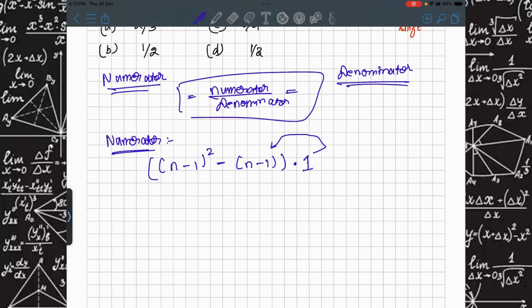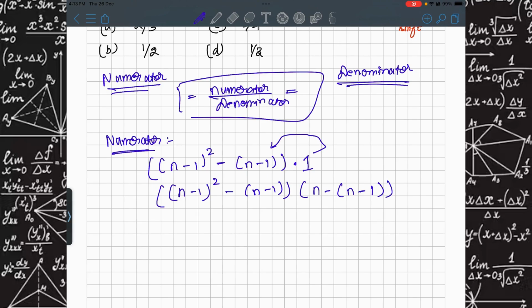Always follow this, and for other questions as well that you will be facing in the examination, always remember to convert this 1 into n minus 1. I'll be showing you here. N minus 1 to the whole square minus n minus 1 times, you can write this 1 as n minus of n minus 1, right?